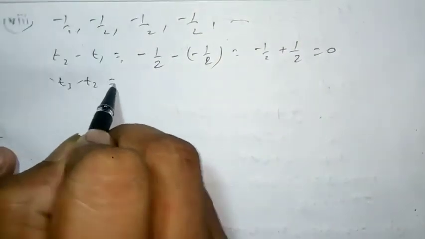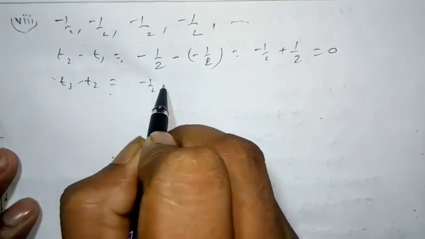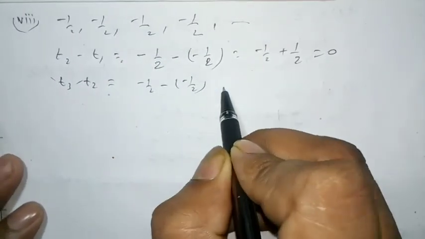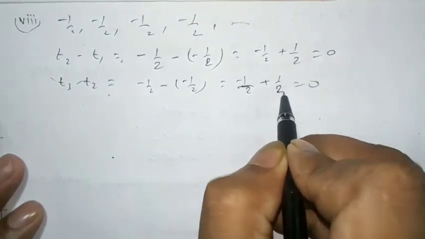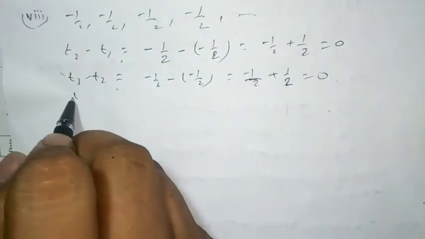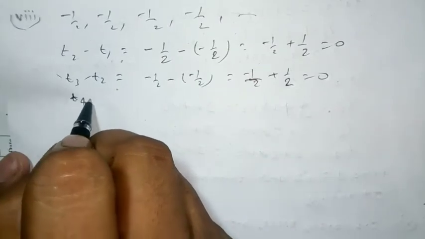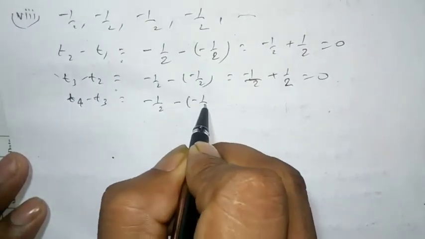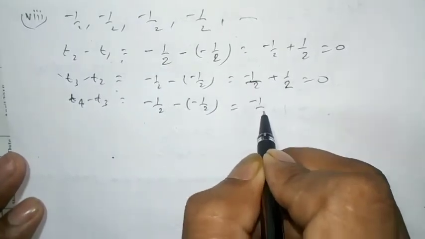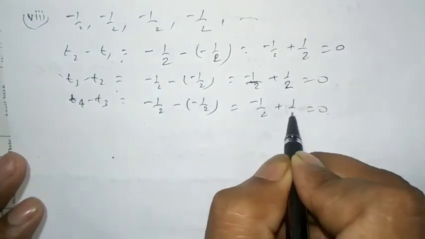T3 minus T2 is equal to minus 1 by 2 minus minus 1 by 2, is equal to minus 1 by 2 plus 1 by 2, is equal to 0. T4 minus T3 is equal to minus 1 by 2 minus minus 1 by 2, is equal to minus 1 by 2 plus 1 by 2, is equal to 0.